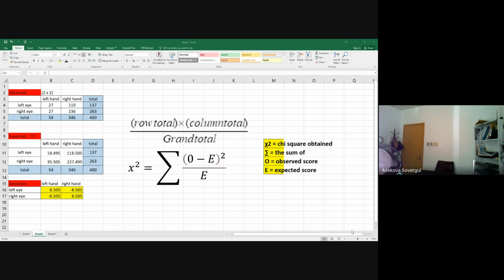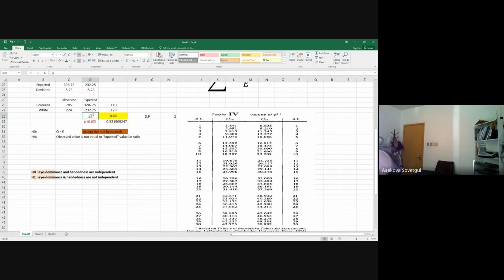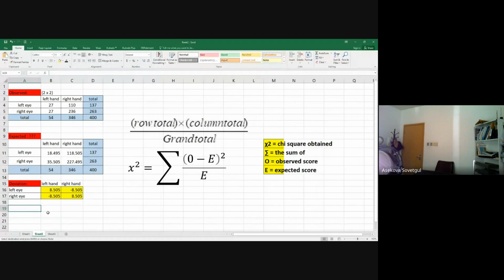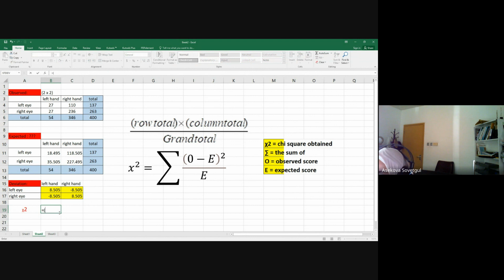So from the deviation, now we need to calculate the chi-square. We'll copy this one. Now we will calculate using this formula. From the deviation, we can do it. So open the bracket. Our deviation for the first, left eye and left hand, is 8.505.